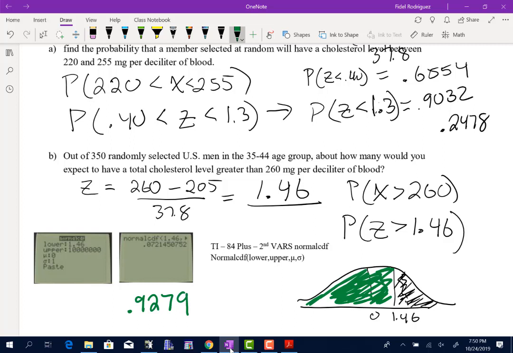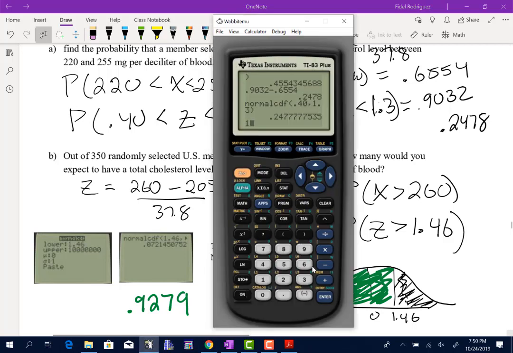So we want to find the area to the right. Wouldn't we do 1 minus 0.9279? If you take your calculator and do 1 minus 0.9279, are you coming up with 0.0721?